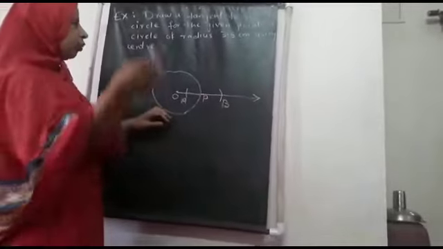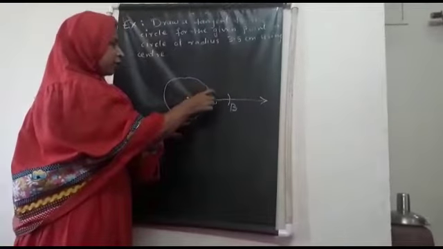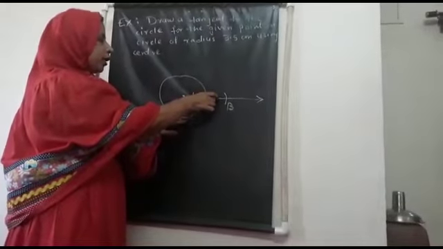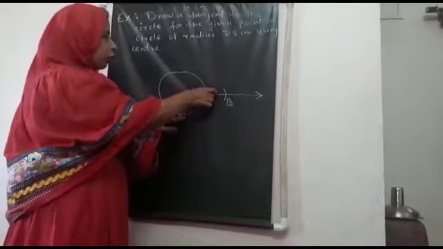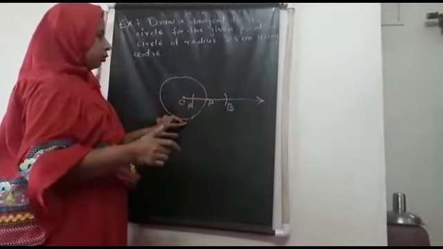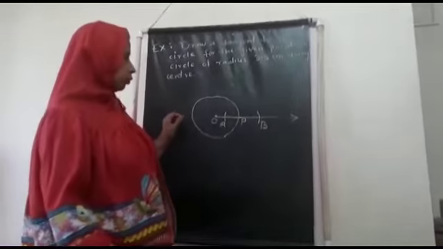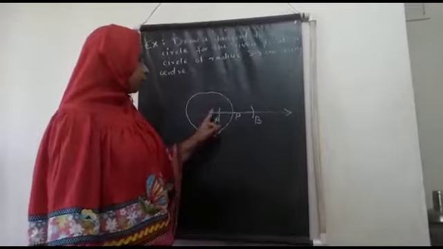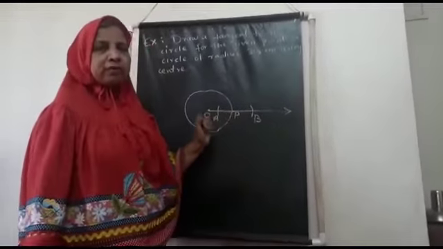Now take more than half the distance of AB in your compass.